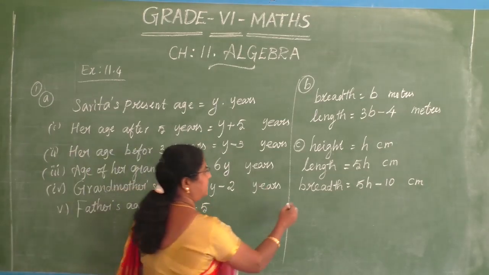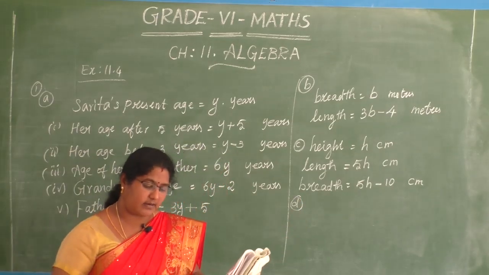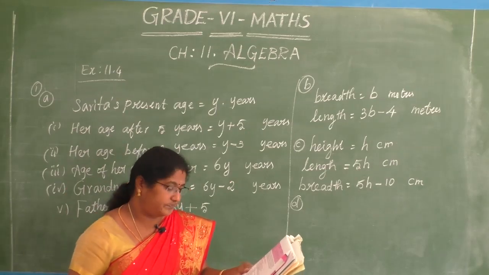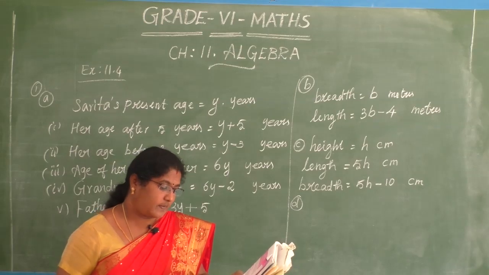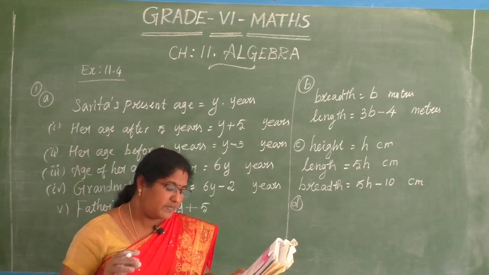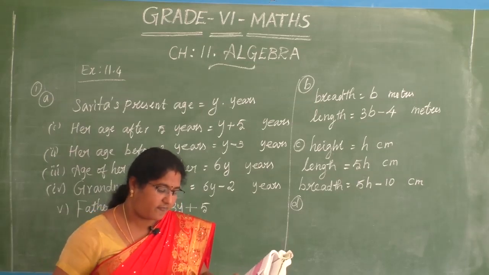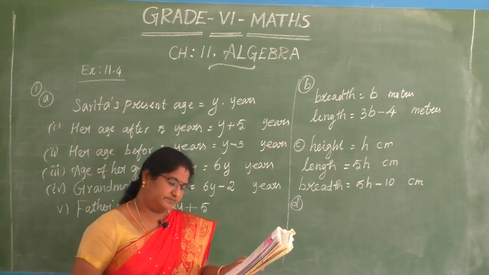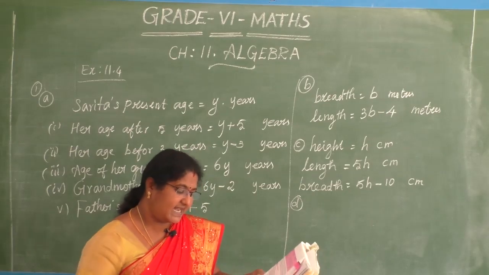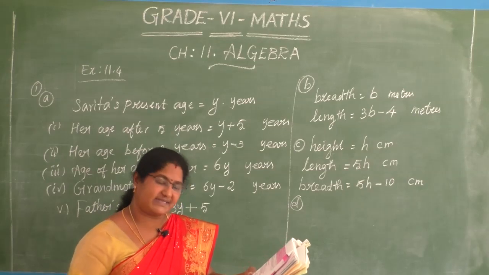Clear? Okay. Next, see this D problem. Meena, Beena and Leena are climbing the steps to the hilltop. Meena is at step y. Beena is 8 steps ahead and Leena 7 steps behind. Where are Beena and Leena? The total number of steps to the hilltop is 10 less than 4 times what Meena has reached.